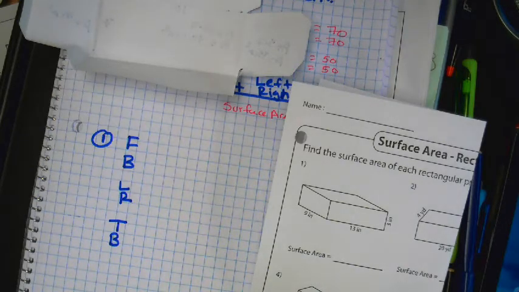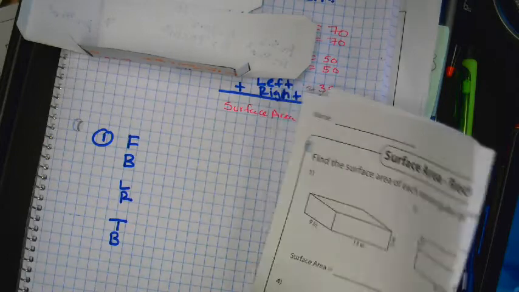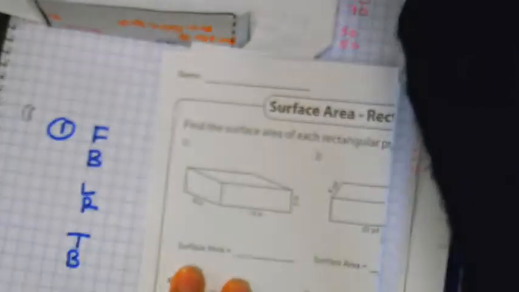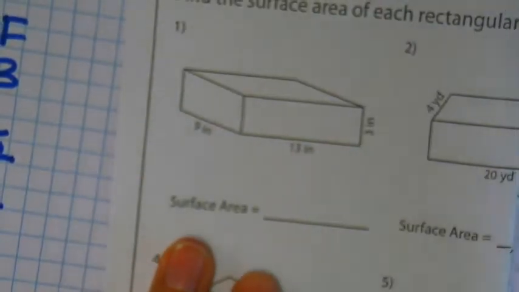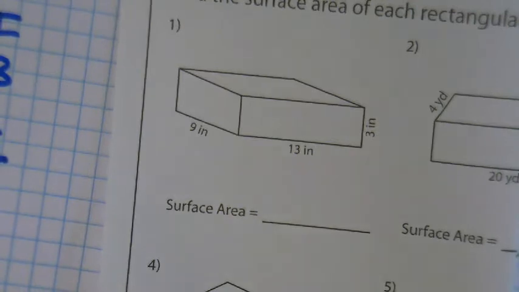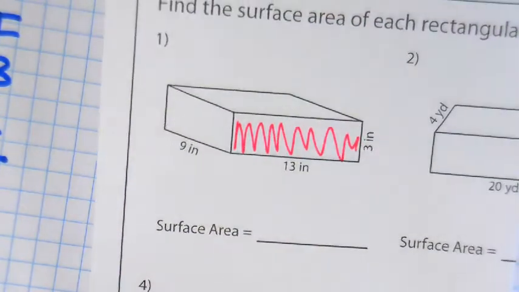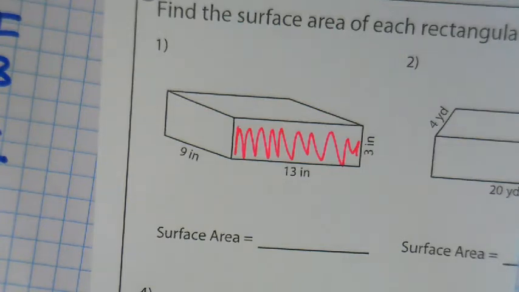Now, one of the hardest parts of this is determining the measurements that we need to multiply. So looking at number 1, I'm going to highlight basically the front view. This is my front, right? What are the measurements? There's 2. What are the length and width of the front side?